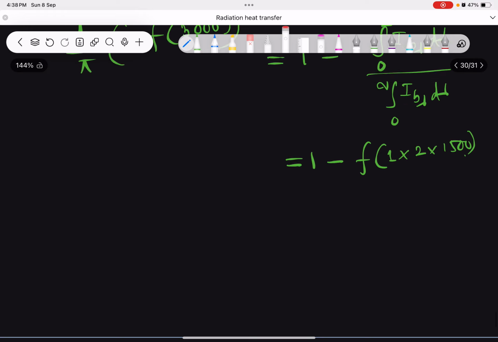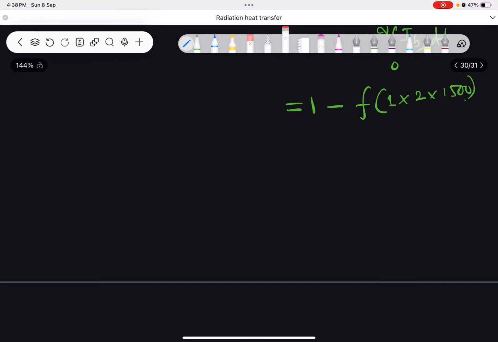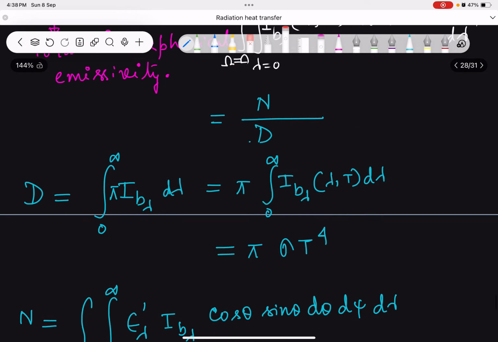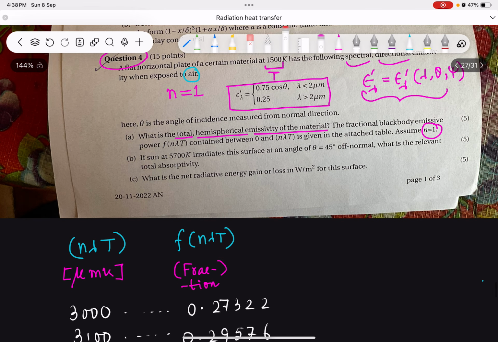So this was one problem. Now I will move on and solve more problems. This problem also has other parts, which you can also try. Here is another part.